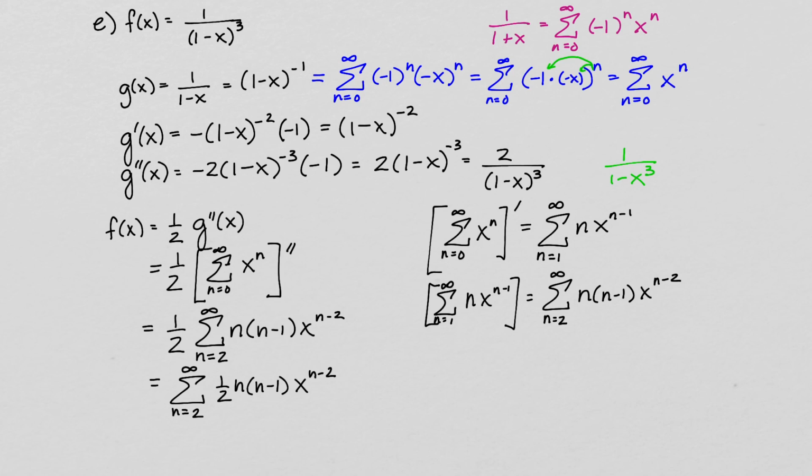That's what I want to get, and I want to get there from this function. So the way to take this function and get here is to get rid of the 2. To get rid of the 2, I would need to multiply by 1/2 here. So if I multiply this function by 1/2, I'll get what I'm looking for. So that's why I have 1/2 times g double prime. Does that help explain it?